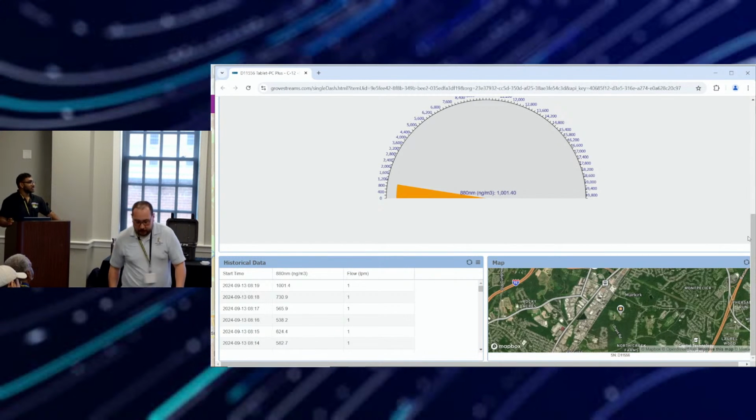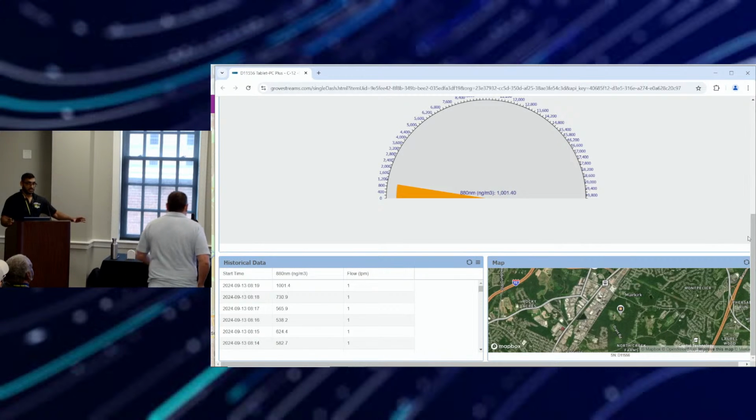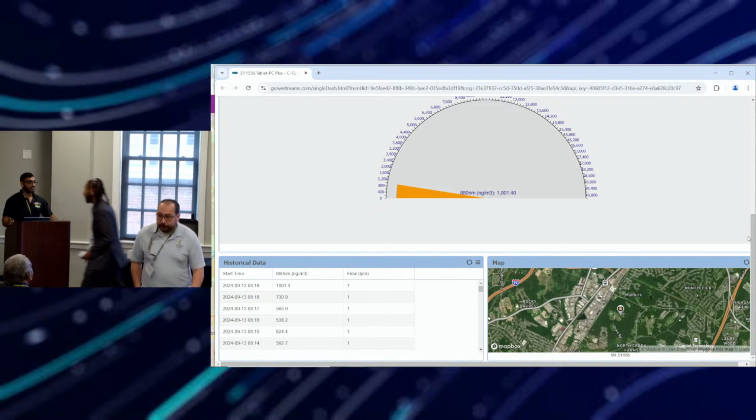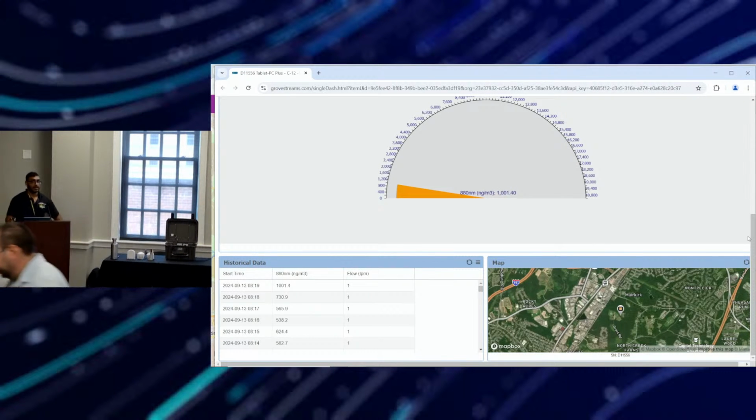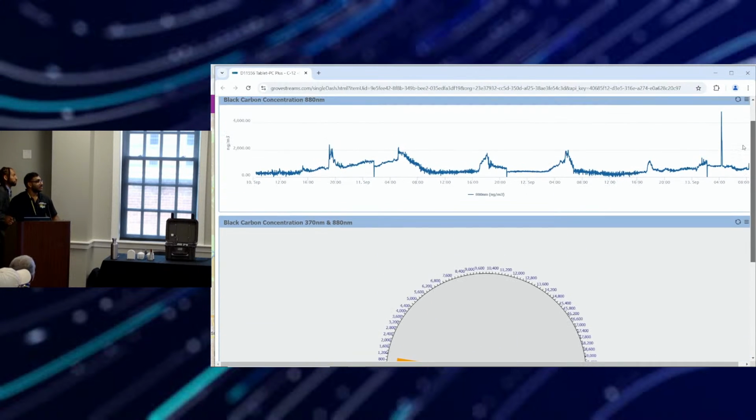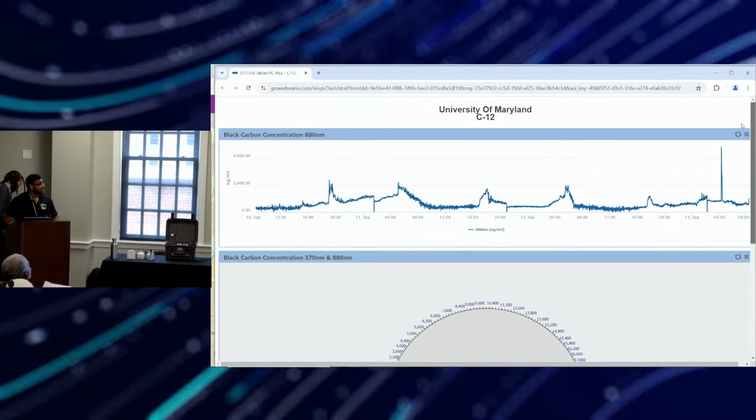This is actually a very secluded, heavily wooded area with a lot of vegetation, so we anticipate low pollution levels. Can we scroll up again to the top? You still see some peaks over here, which is really interesting, but the majority of the time the values for black carbon are close to zero, which is really good.